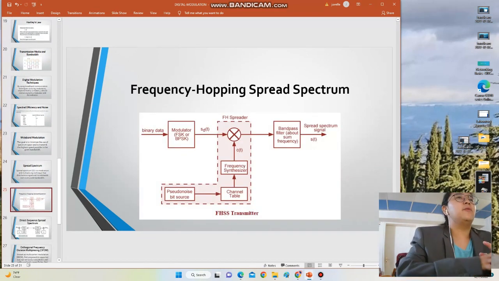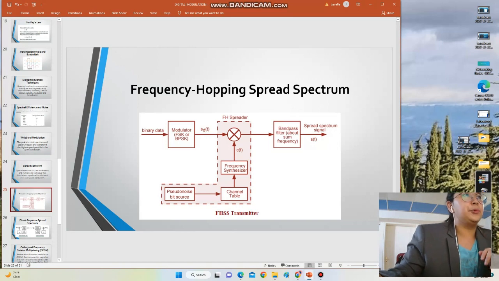So frequency hopping spread spectrum. Binary data goes to the modulator, FSK or PSK, and also the FH spreader, and then goes to a band pass filter to produce the spread spectrum signal.